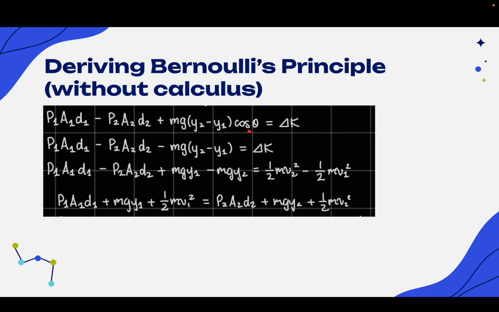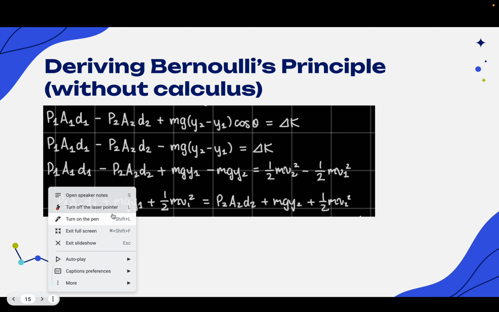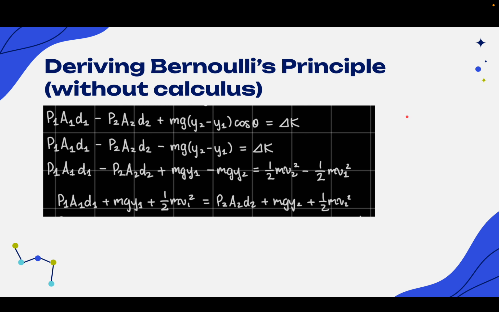So this cosine, the theta here is different than these thetas. The theta for these terms is 0, but the theta for this one is 180 degrees, which will be -1. So let me turn on the pen. If the fluid is moving like this, the vertical distance will be like this, and the fluid will travel upwards.